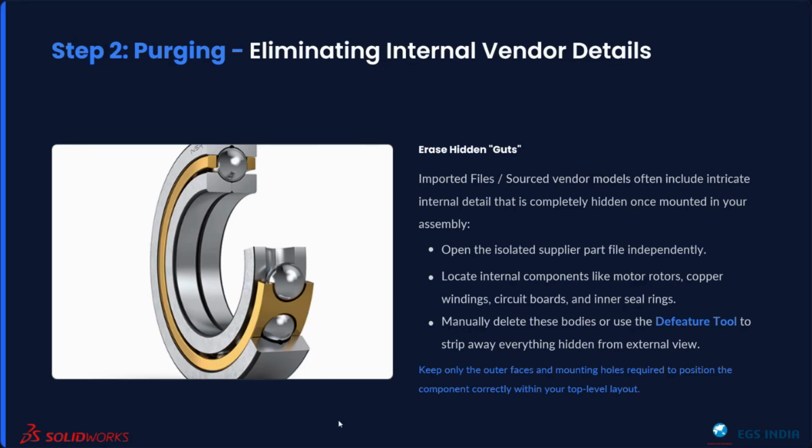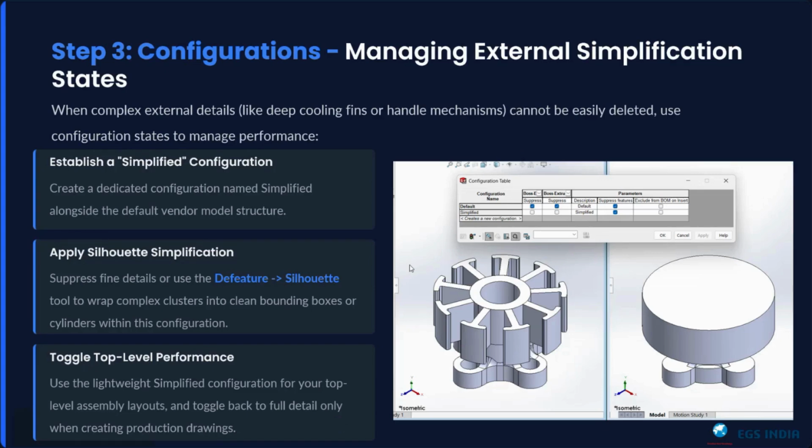Your step 3 is going to be your external simplification. Sometimes with these components, the outer faces might be required for your assembly, detailing, etc. So over here, we're going to make use of a concept called configurations in SolidWorks, where we configure certain features like a boss extrude or cut extrude to simplify the geometry.